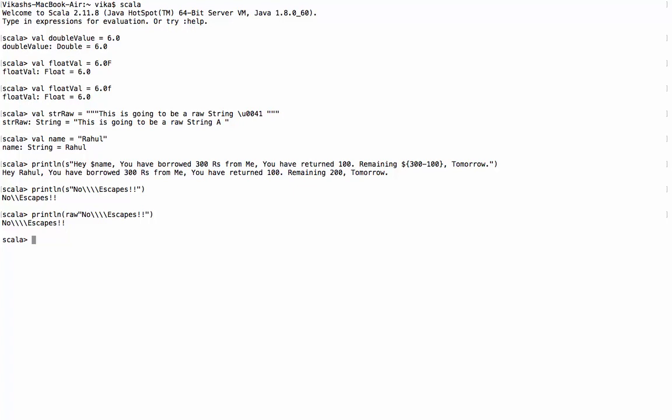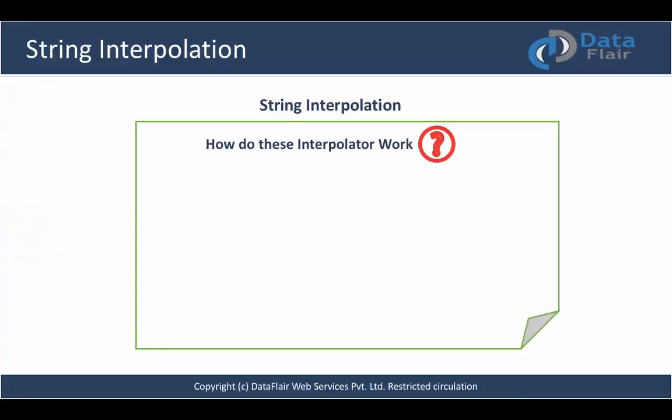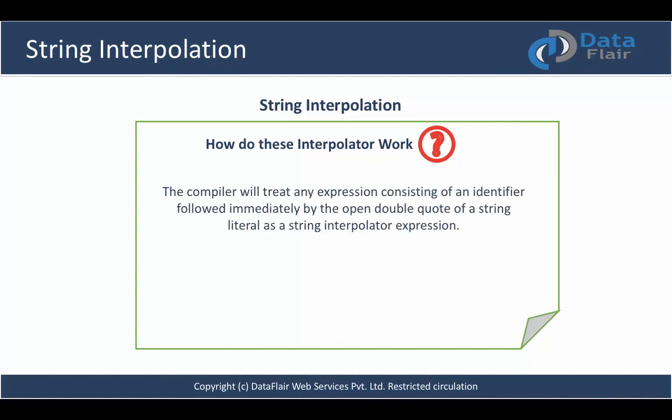Next, we will try an example for the f interpolator. For that, we'll directly print, we'll give f, then dollar sign, we'll give it a value. Then after that, don't forget the quotes, and see, only 5 values after the decimal are printed, as we expected. So this is how string interpolators work. But how do these interpolators work in Scala?